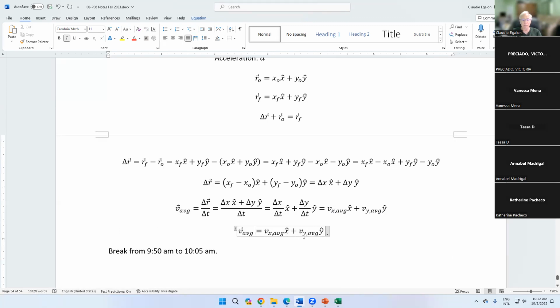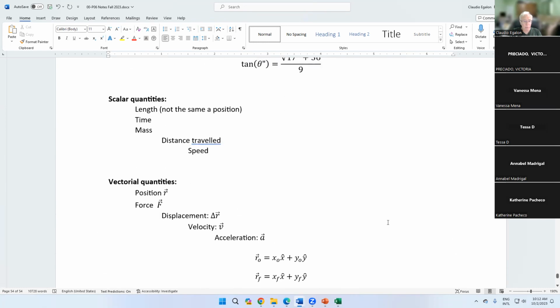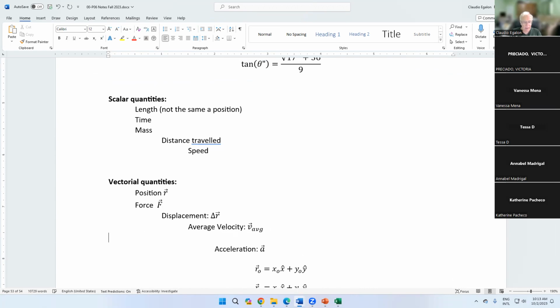Make sense? So here, average velocity, and next in line is going to be my instantaneous velocity vector.